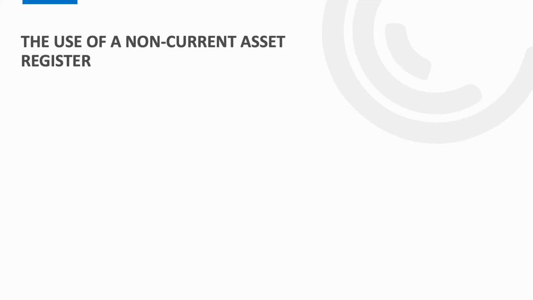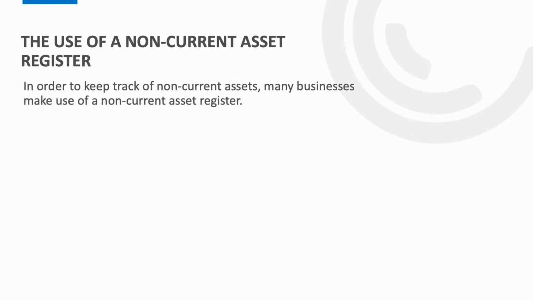At this point, we can introduce the non-current asset register. This is a way that a business can keep track of their assets by keeping them within their own log with all the required information related to those non-current assets.